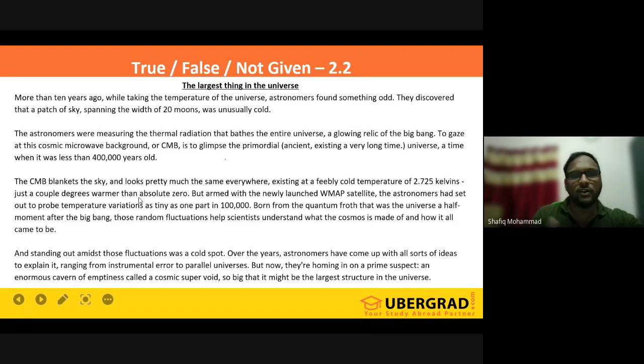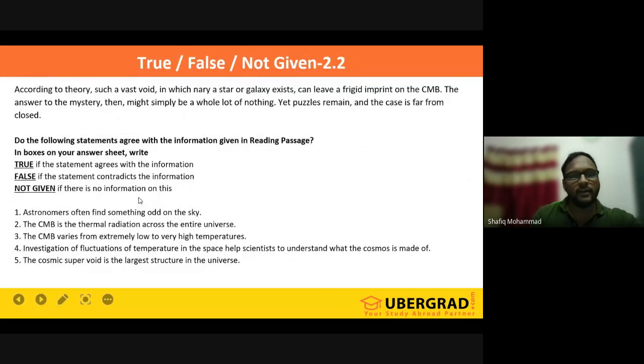So it is not like extreme temperatures, it is not going very warm, it's just a couple of degrees warmer, that's it. So that should be exactly the opposite. It's not a very high temperature, it's only a couple of degrees. So very high to a couple of degrees is the variation, right? Or opposite to it. So when it is opposite, then it should be a false statement.